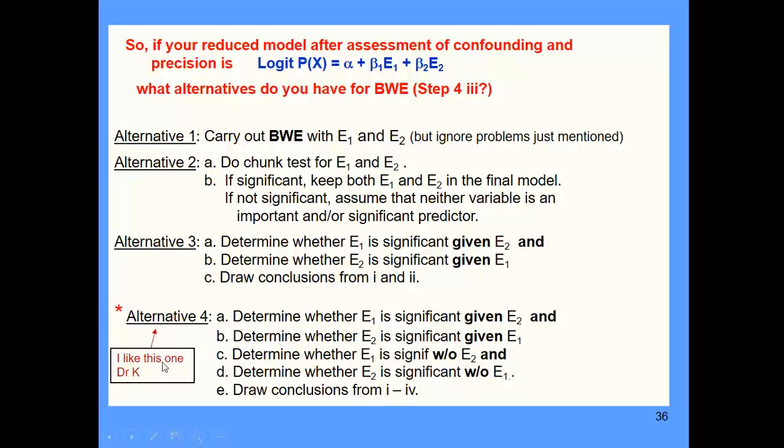Determine whether E1 is significant given E2, determine whether E2 is significant given E1, determine whether E1 is significant without E2, and determine whether E2 is significant without E1, and then draw conclusions. To me, that's the best way to go about this if you had two variables and wanted to consider backward elimination.